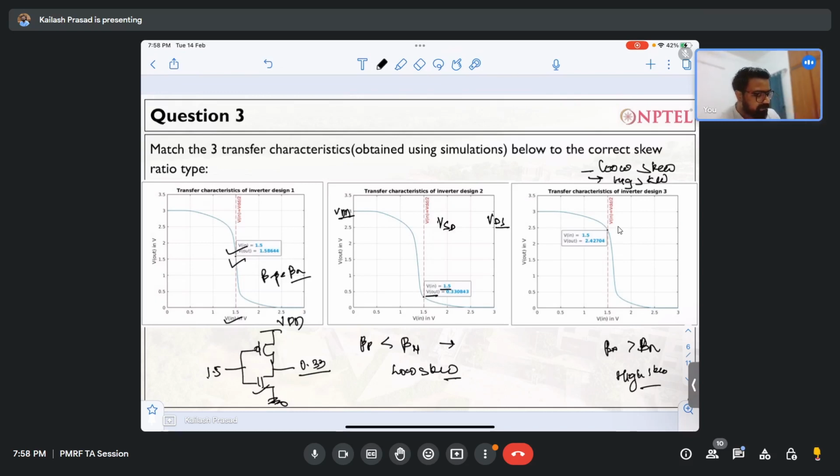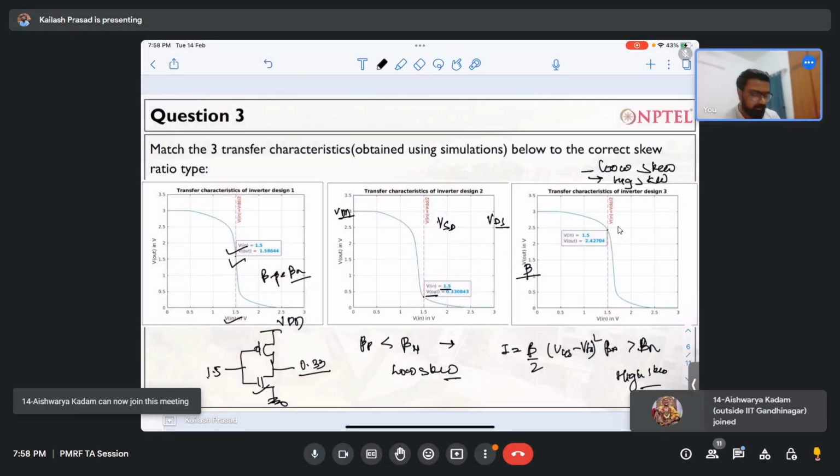Current driving capability is defined by beta, because the current is nothing but beta by 2 times (VGS minus VTH) whole squared. Assuming VTH is also the same, VGS and VTH of both the transistors are the same.